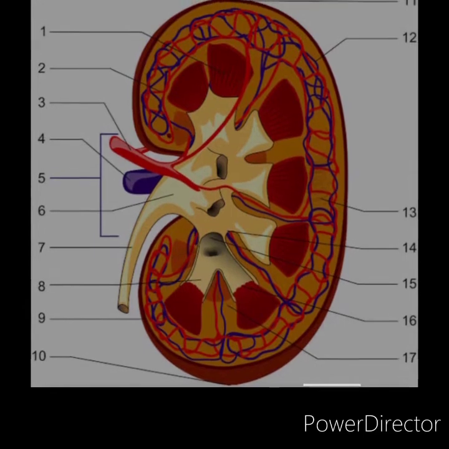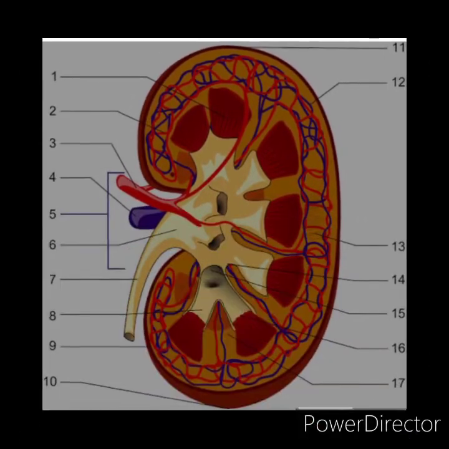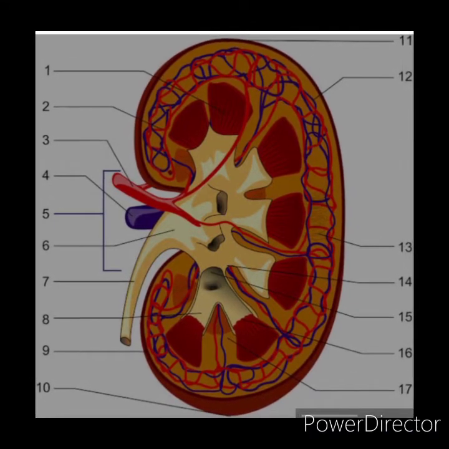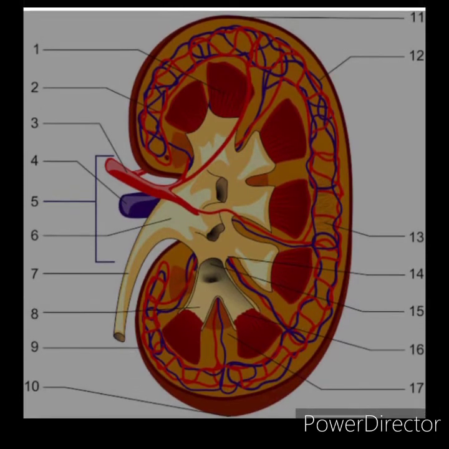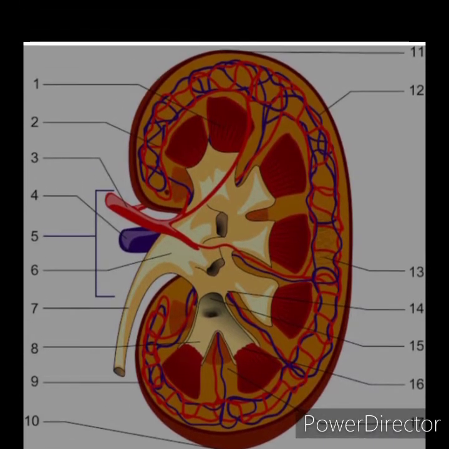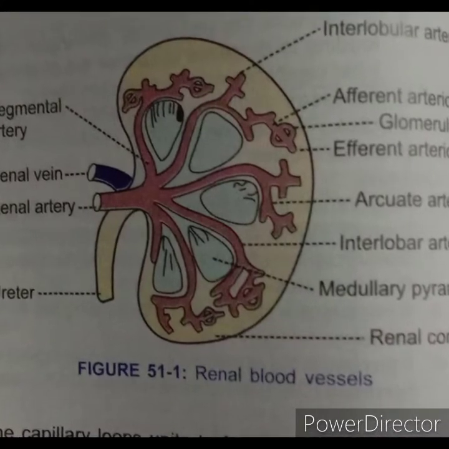First, myogenic response. Whenever the blood flow to kidney increases, it stretches the elastic wall of efferent arteriole. A stretch of the basal wall increases the flow of calcium ions from ECF, extracellular fluid, into the cells.